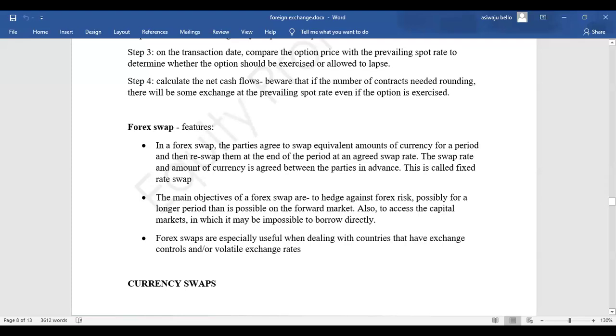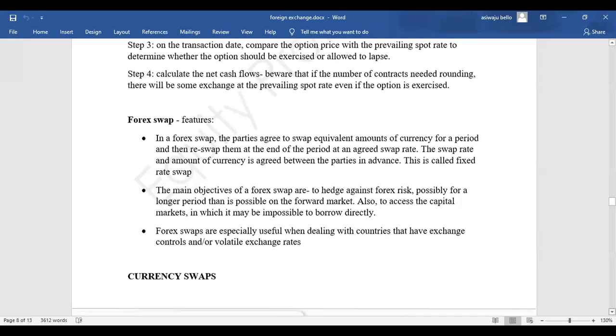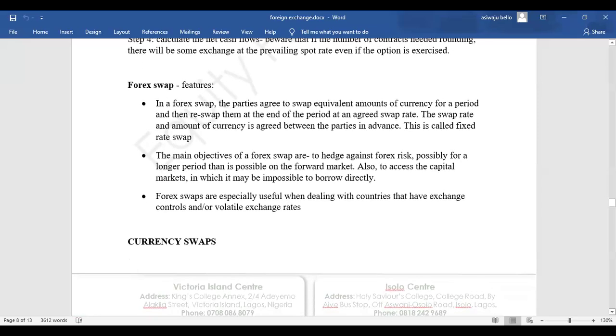Bank of Industry can approach Central Bank of Nigeria to go into currency swap. Now, Bank of Industry can approach CBN.